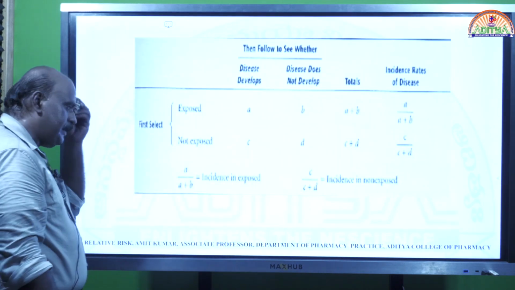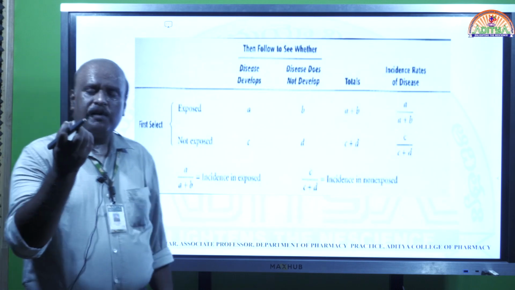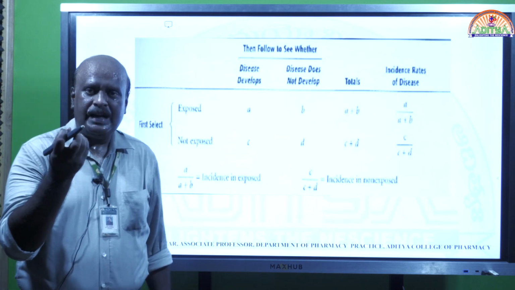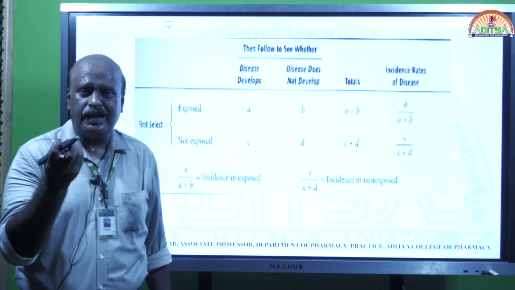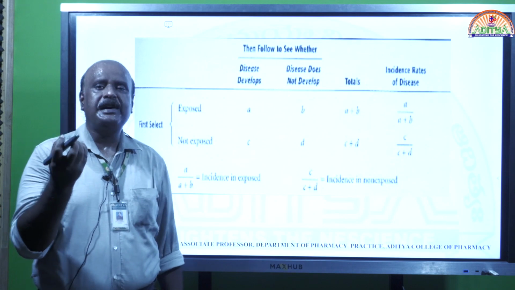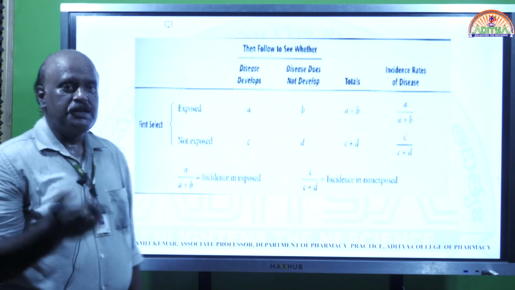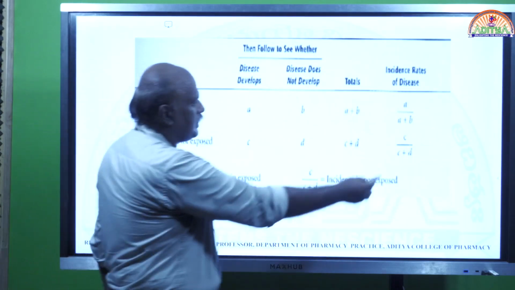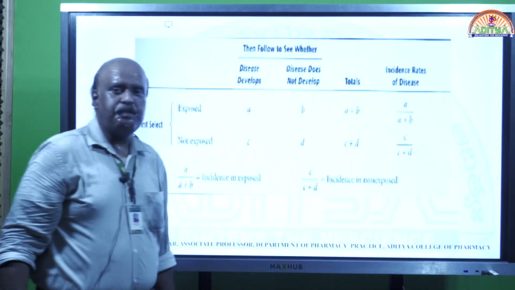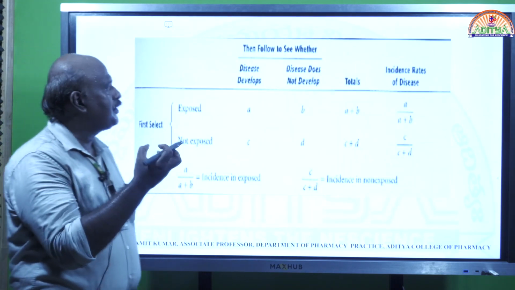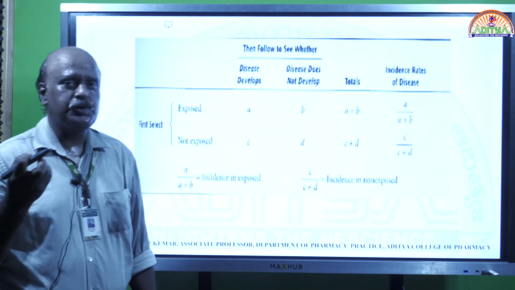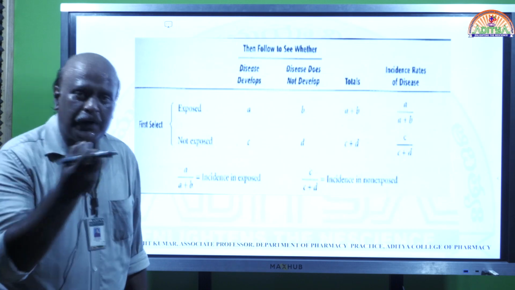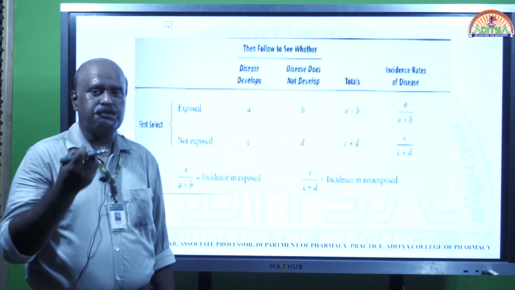Now when we know the number of people exposed and having the disease in a group, we can find out the incidence. The incidence of the exposed group will be A by A plus B, because A is the number of disease cases in the exposed group and A plus B is the total population of the exposed group.